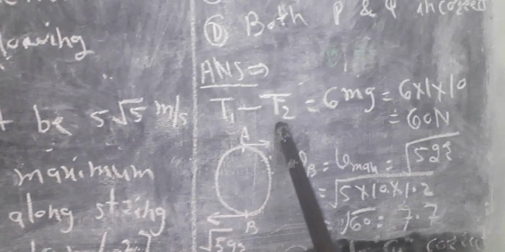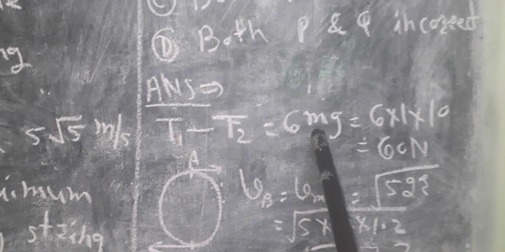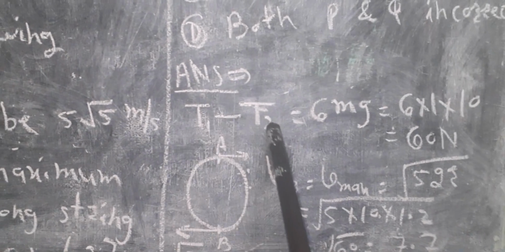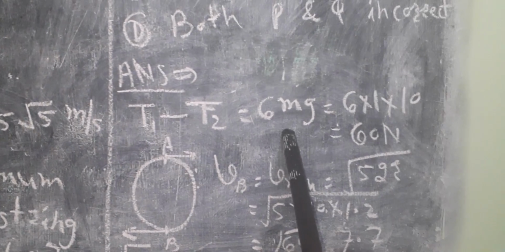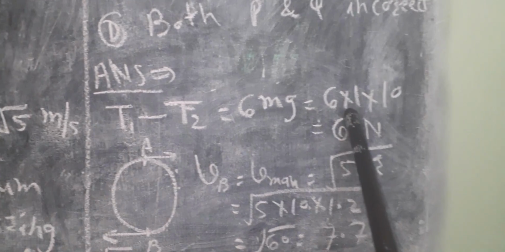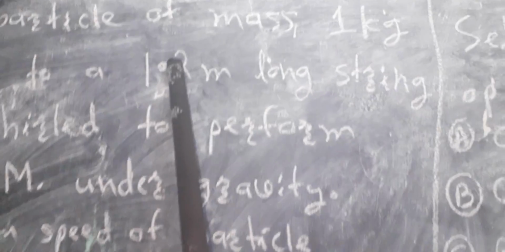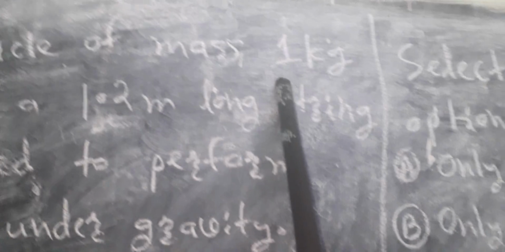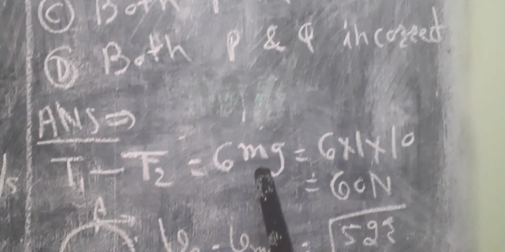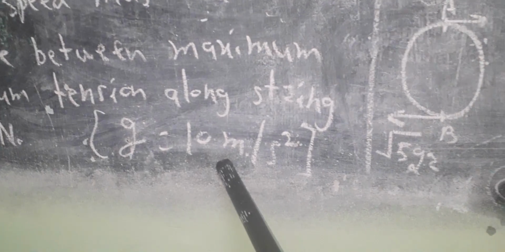So T1 minus T2 is equal to 6 mg. We are saying maximum tension minus minimum tension is equal to 6 mg. So 6 into m, we are given the mass of the particle as 1 kilogram, so in place of m we write 1. g we are given as 10 meter per second square.